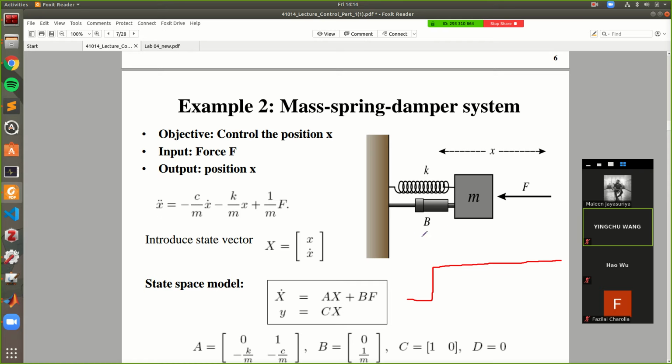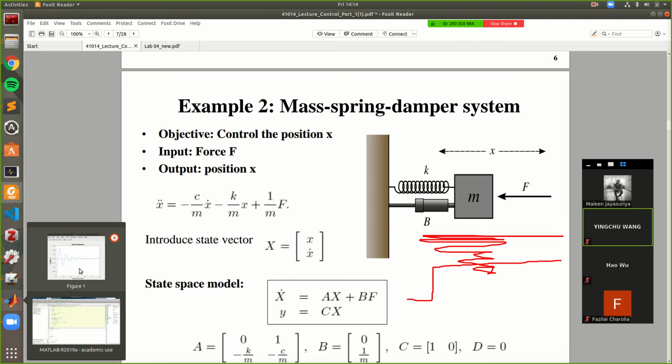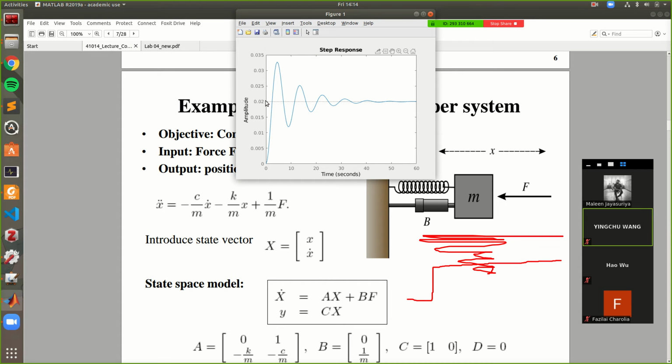What's going to happen is this thing is going to oscillate, and it's going to come down to and stay at a certain value depending on this K and C and mass values. Looking at this, our output is this displacement. Looking at this, what has happened? It has oscillated to about 3 centimeters.